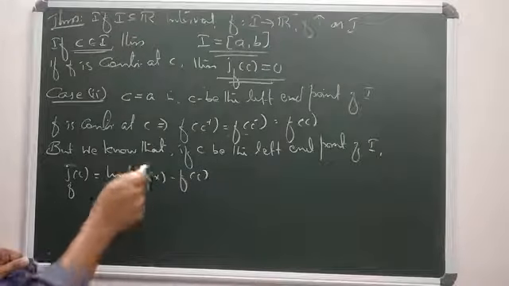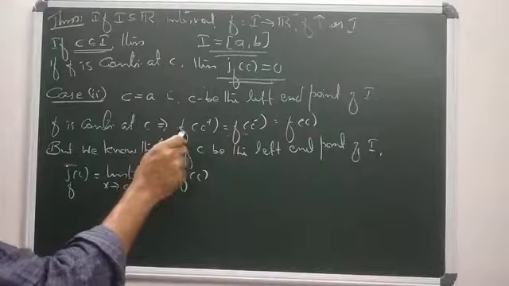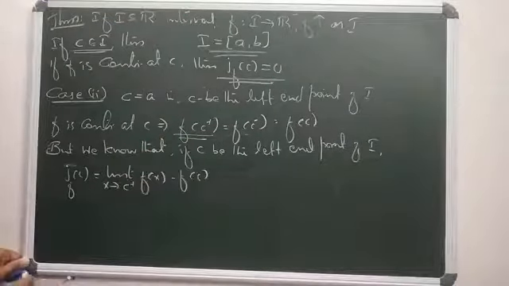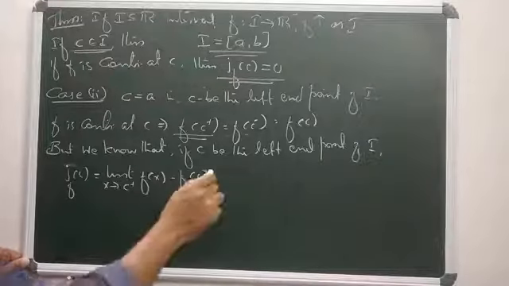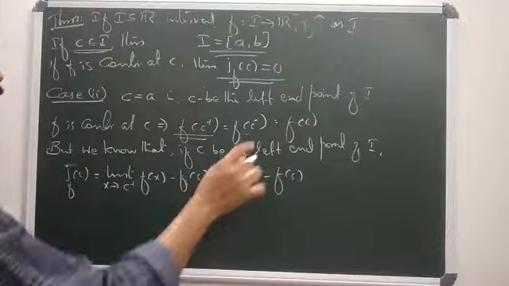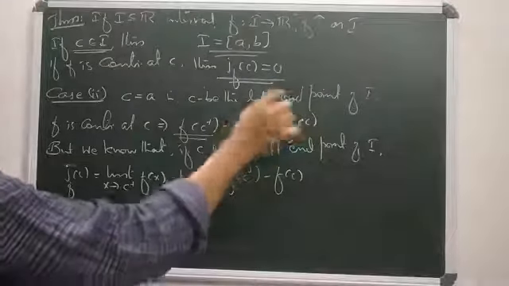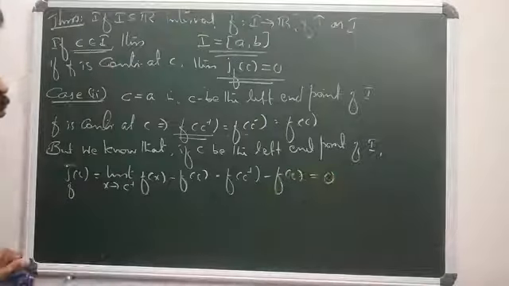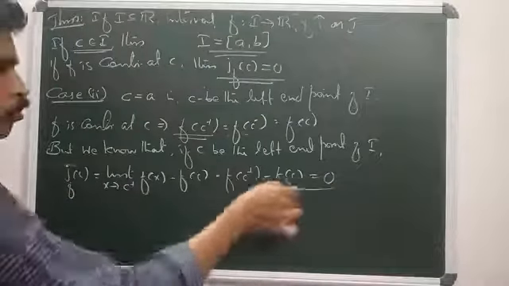But since f is continuous at c, the limit as x tends to c+ of f(x) is nothing but f(c+). So this is nothing but f(c+) minus f(c). But what is f(c+)? That equals f(c), because of the continuity of f. So this should equal 0. So the second case is also over.